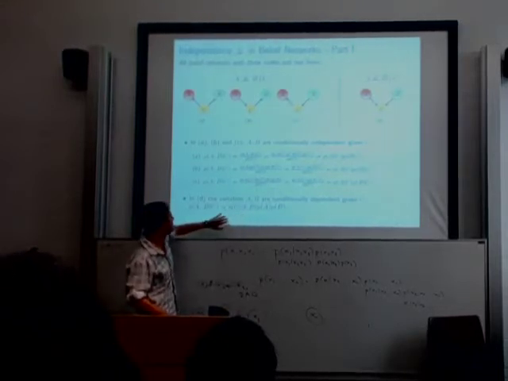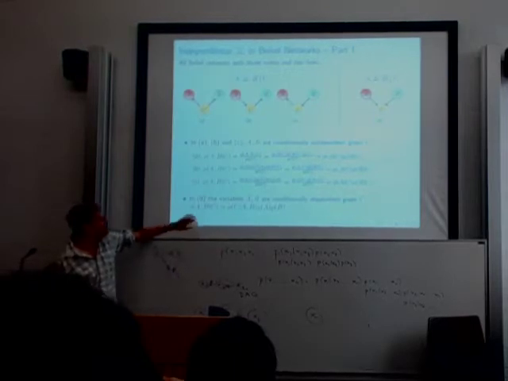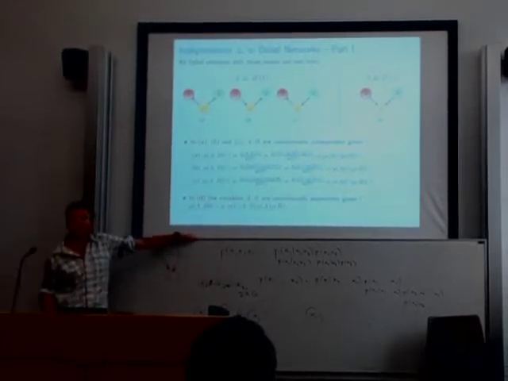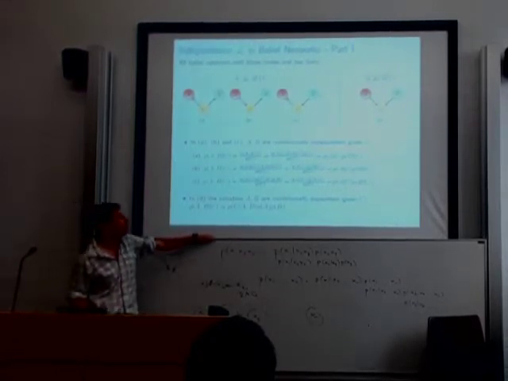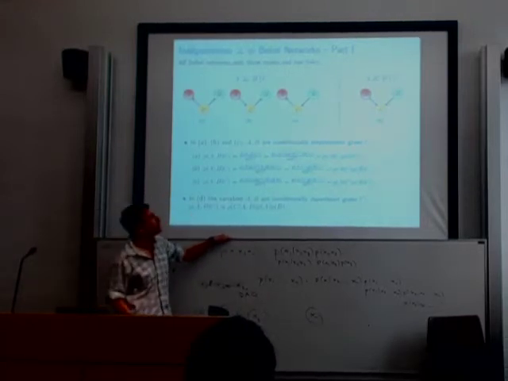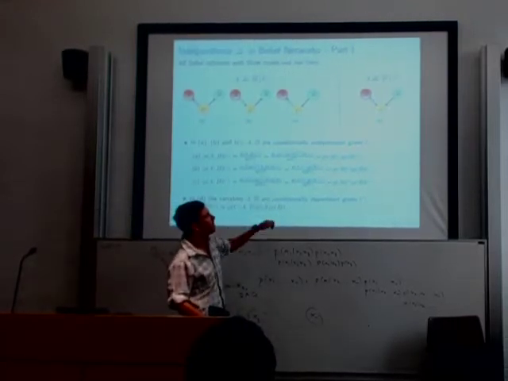So you cannot say that this therefore implies conditional independence. It doesn't. So graphically, there's nothing to suggest that A and B are conditionally independent given C.